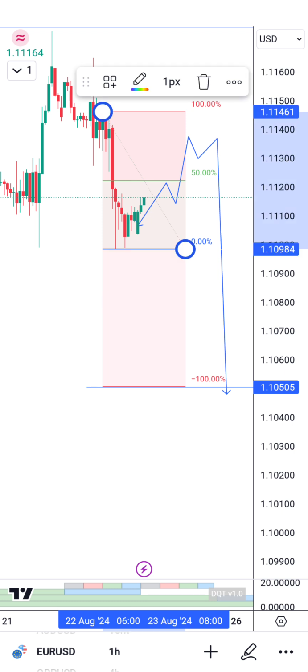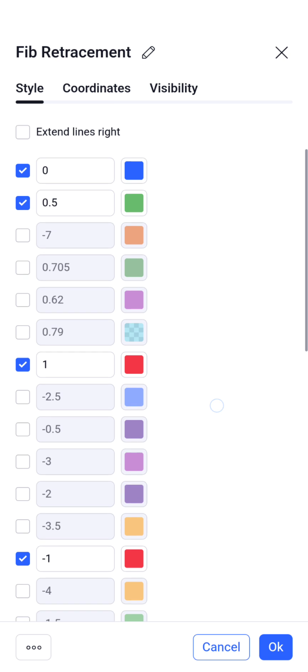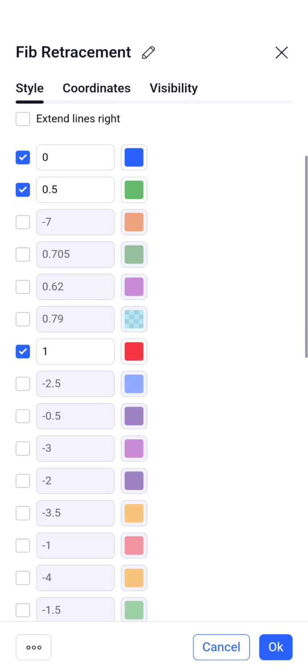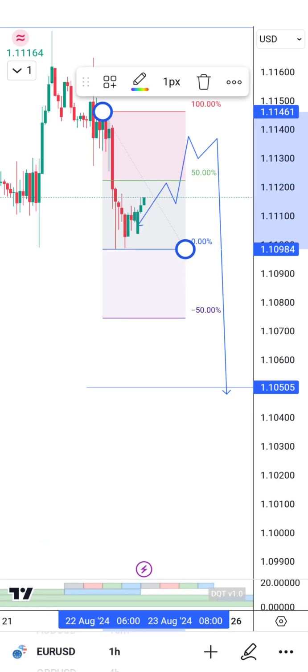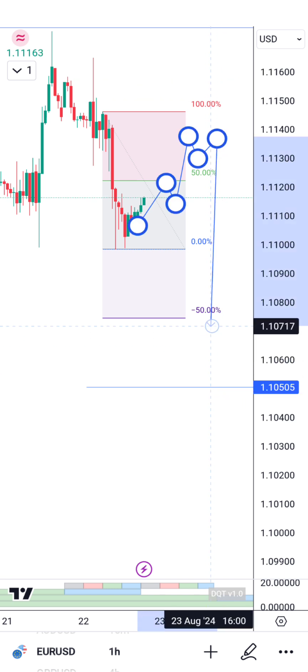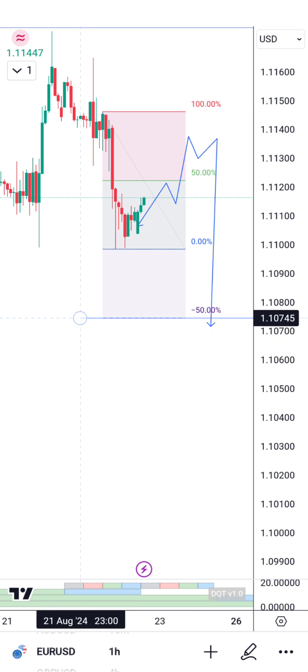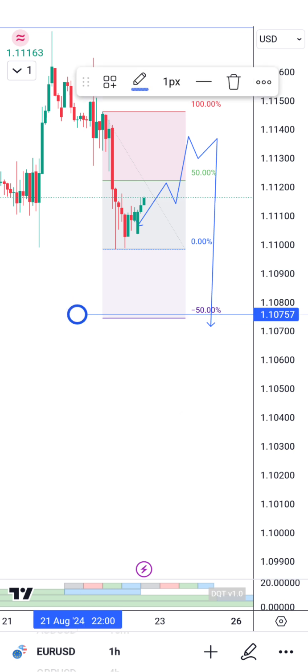But if we do not want to be that risky, we can simply take half a standard deviation. We toggle -0.5, which is going to give us just half of a standard deviation, and that is still okay. You can copy this price level, which is 1.10743.